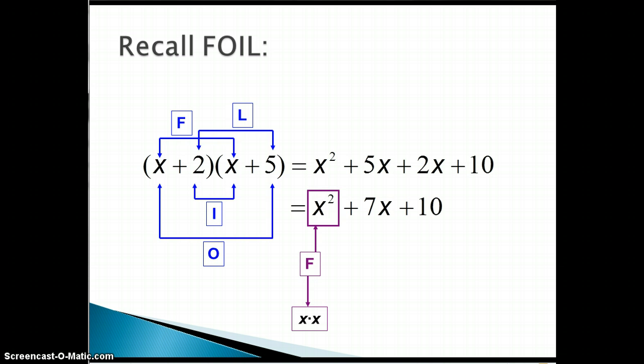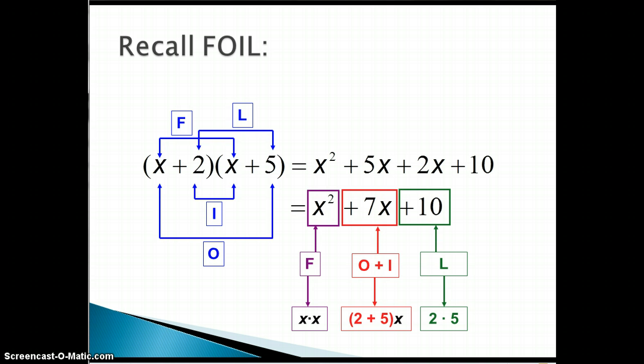If the first term is x squared, then the first term of each set of parentheses needs to be x. And then notice that the 7 comes from the 2 and the 5 that are in the parentheses with the x's. When we add those together, that gives us the middle coefficient of 7.